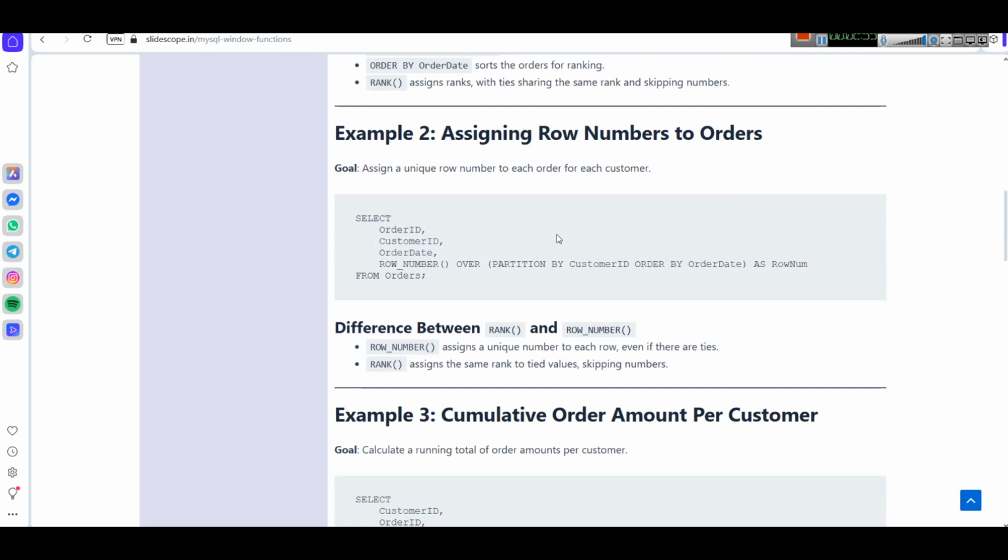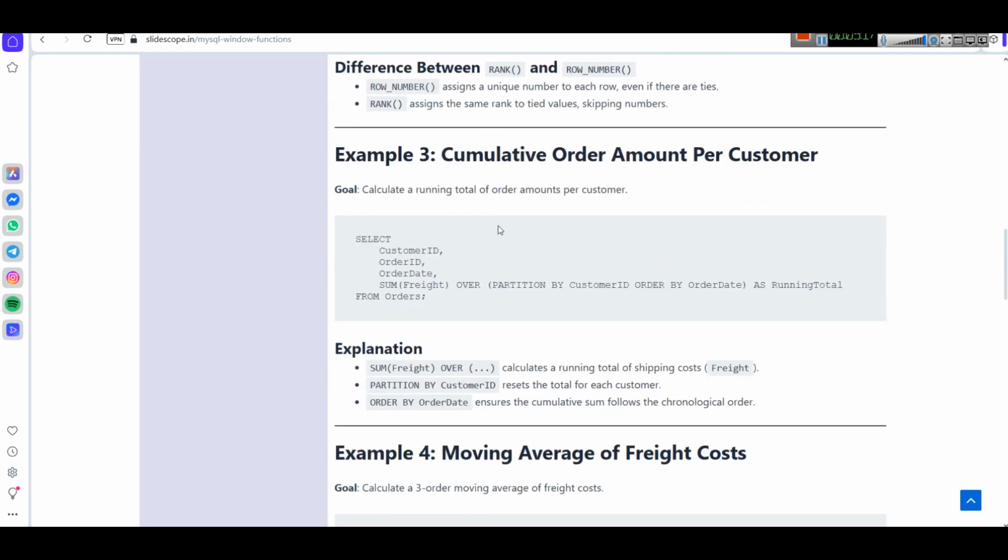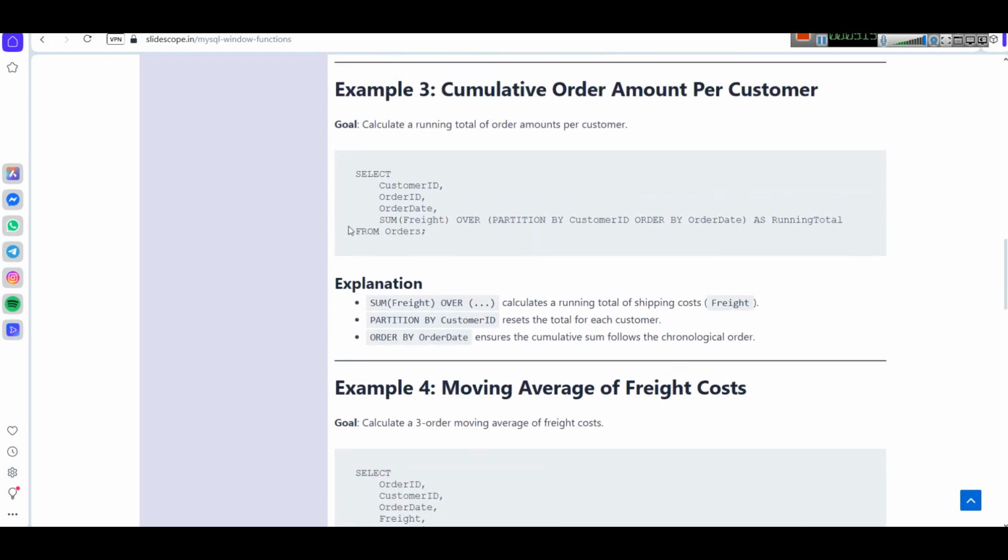So we show the results partitioned by customer ID. That means first for the first customer ID, then for the second, third, and fifth, depending upon some condition.